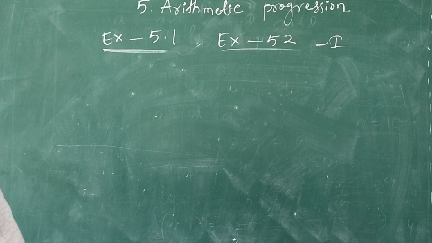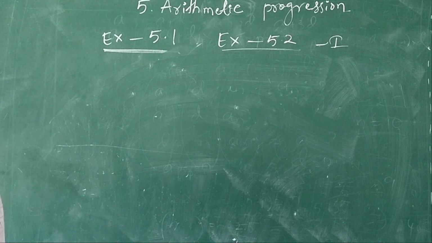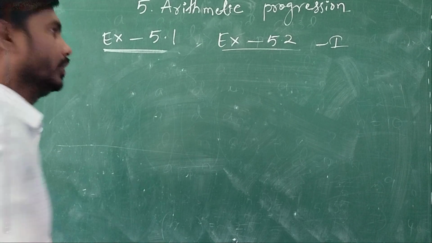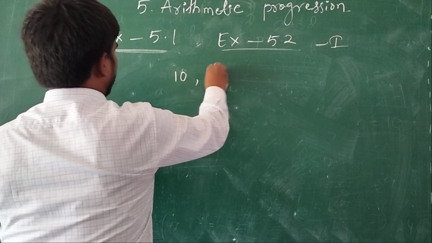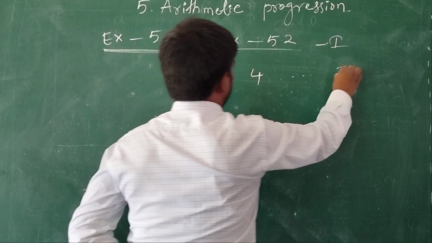5.2 second bit. Choose the correct choice in the following. This means the 30th term of that AP. Here he gave one AP, 10, 7, and so on, and he is asking for the 30th term.